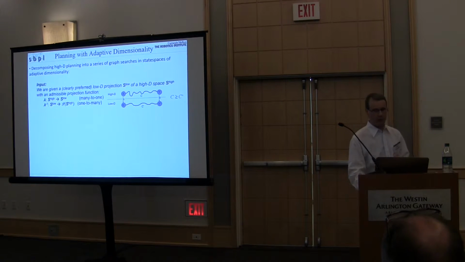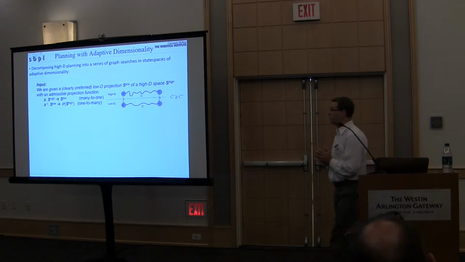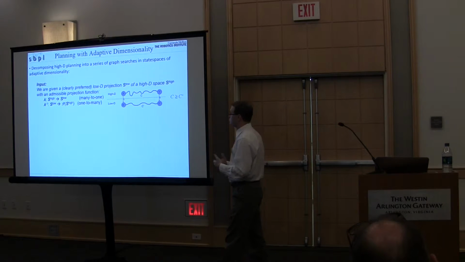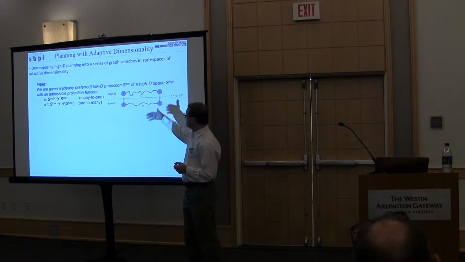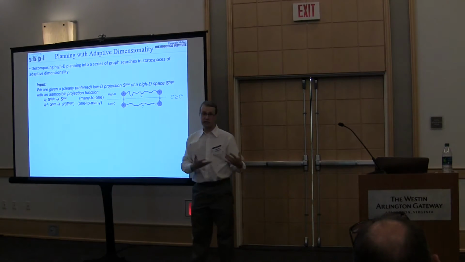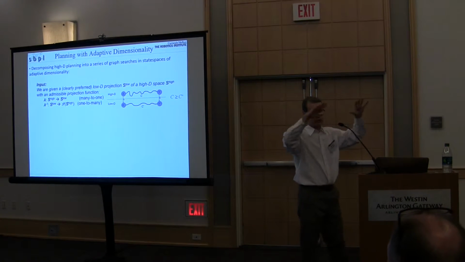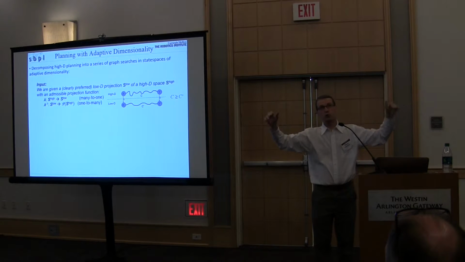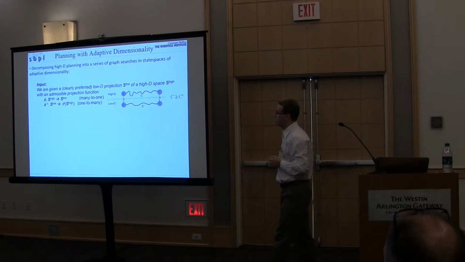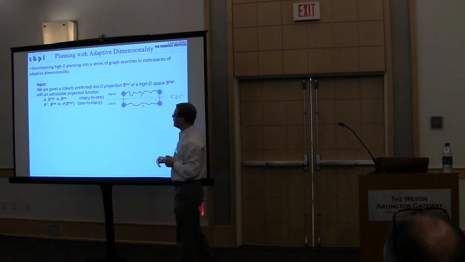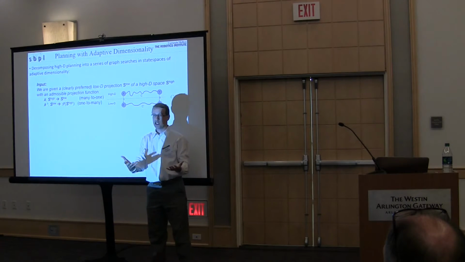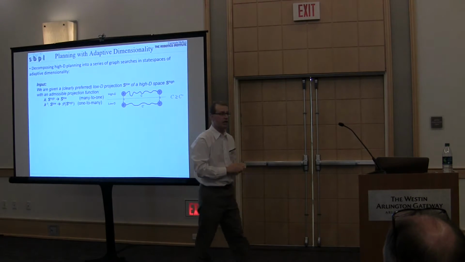So, more mathematically, you have some sort of a complex system, and in the simplest version you have 2 state spaces. One is the high-dimensional state space, and then you also have a low-dimensional one, a low-dimensional projection.